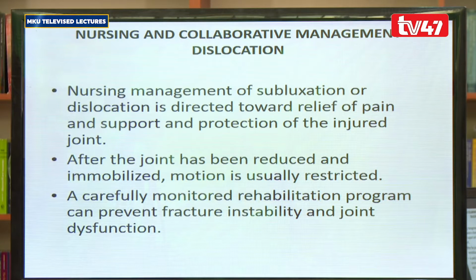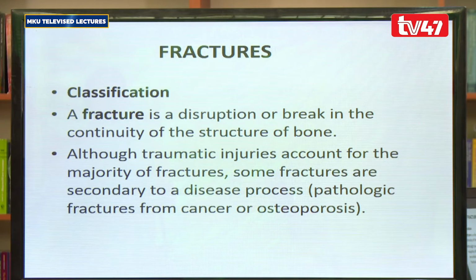The nursing management for subluxation or dislocation is usually directed towards relieving pain, supporting and protecting the joint that has the injury, and after that, reducing the mobility and letting the patient rest. We are also supposed to take the patient for rehabilitation because, remember, this is not an area that has completely healed, even after a duration of, say, 4 to 6 weeks.